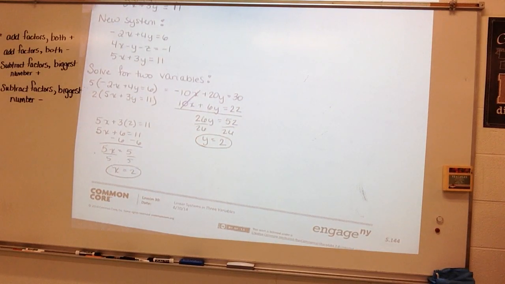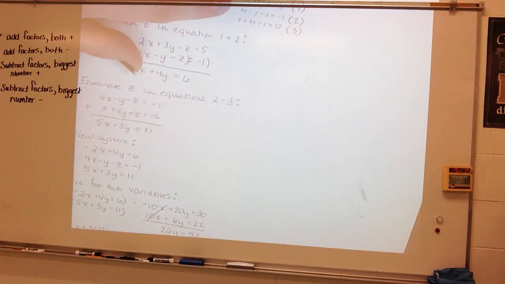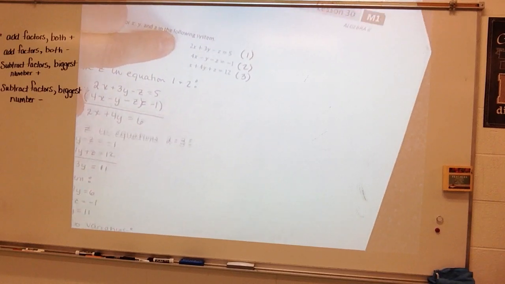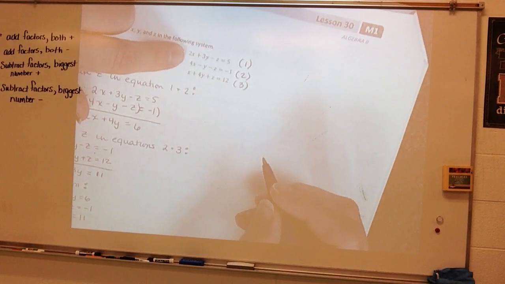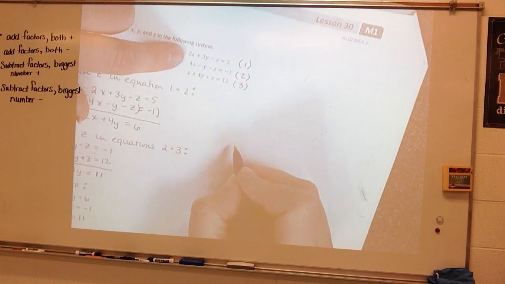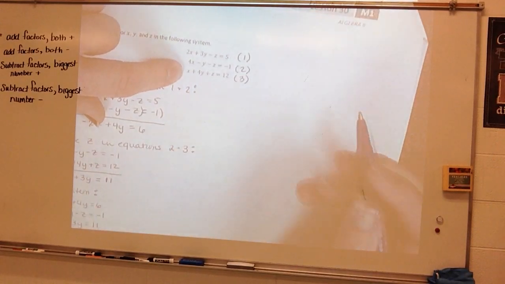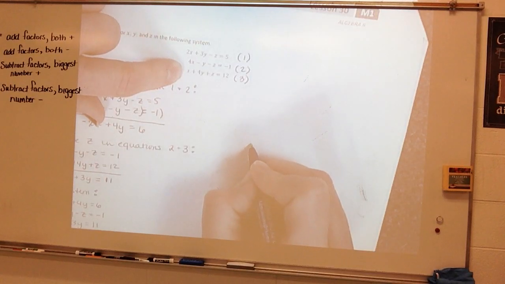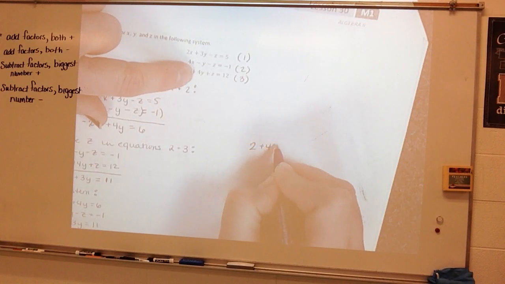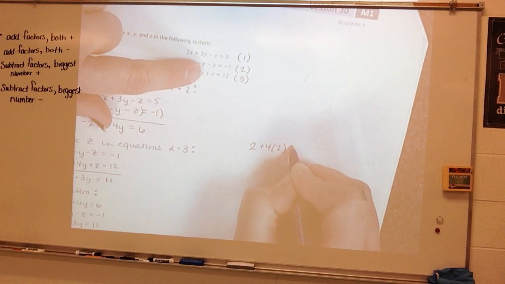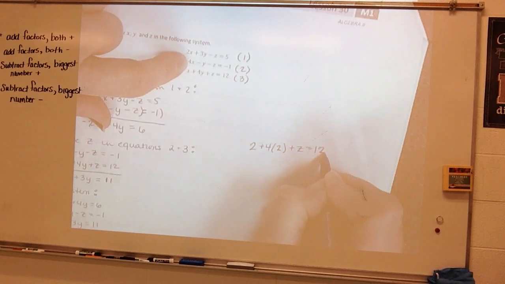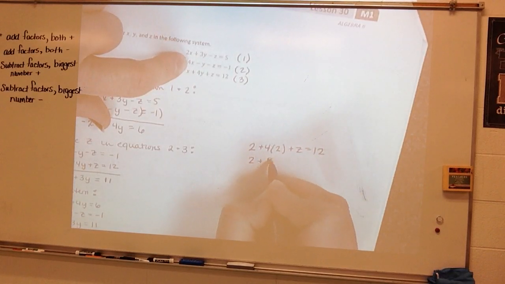So now all I have to do is go back up to one of my original equations and plug those in. I would go to the bottom one because the z is positive. It is your choice. So 2 plus 4 times 2 plus z equals 12. 2 plus 8 plus z equals 12. 10 plus z equals 12.